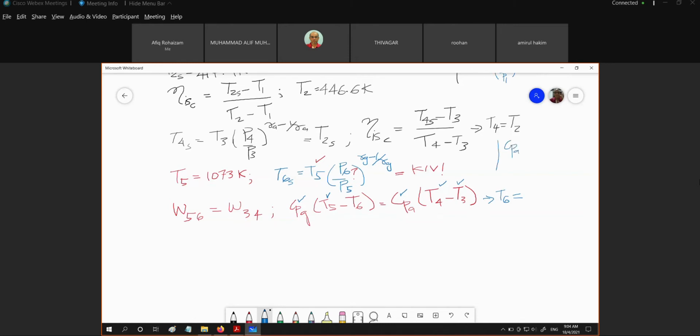CPA usually is 1.005 kilojoule over kilogram Kelvin, and the CPG is usually equal to 1, but in this question, it is 1.14.